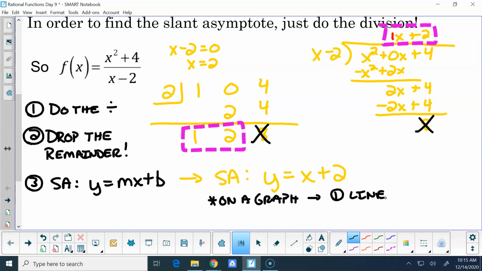So we graph it, right? We find the y-intercept, use the rise over run to get more points. And we do a dash, right? Because it's an asymptote. Yep. So it's a line, so we would plot b, and then use m, but then more importantly, it is dashed.